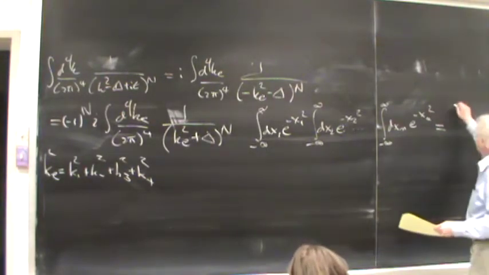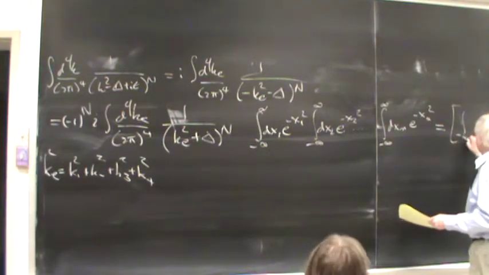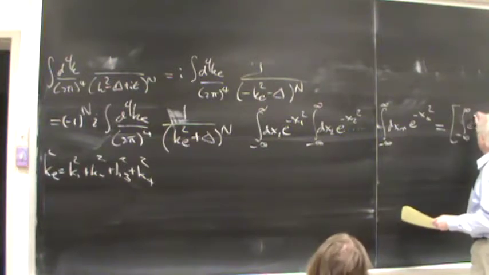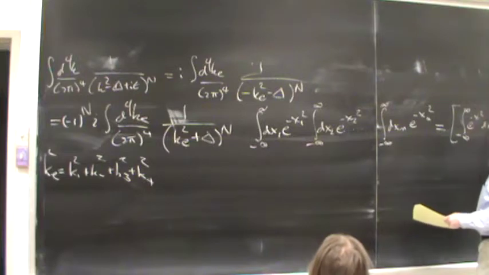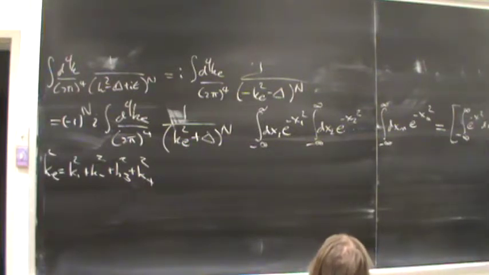Well, it's very simple. This, of course, is the integral from minus infinity to plus infinity of e to the minus x squared dx raised to the power n. That's why I use capital N over there. This is square root of pi. So this is square root of pi to the n, or pi to the n over 2.